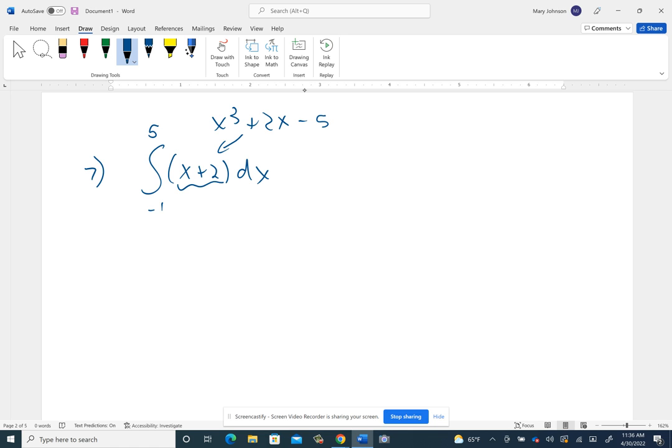So this is a polynomial, and I'm going to find the definite integral. I've got those bounds, that -1 to 5 thing. I don't really need to use a u on this one, okay? Because the derivative of x plus 2 is just 1.